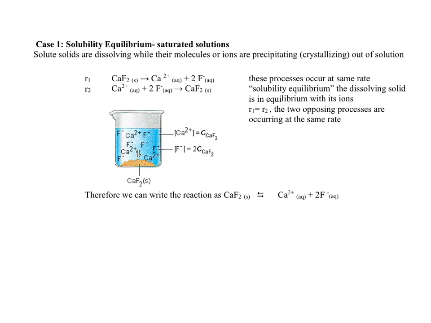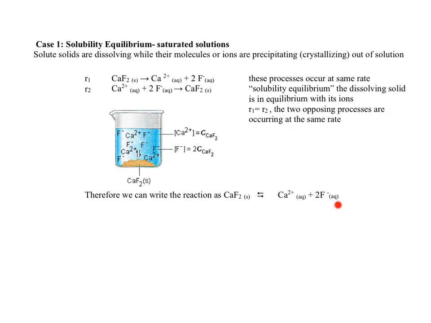So this is called solubility equilibrium because it has to do with the dissolving solids. And the forward rate is equal to the reverse rate. When we write equilibrium equations, instead of using a single arrow, we use a double arrow to indicate that the reaction is going in the forward direction.